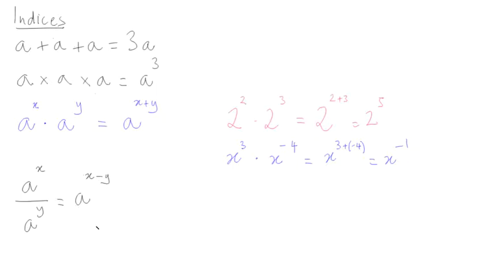And in the Swedish curriculum you don't have to remember these, you get these in your formula booklet. So let's take an example of that. So let's say we had 2 to the power 2 divided by 2 to the power 3. Well, that would be 2 to the power 2 minus 3, which is 2 to the minus 1.